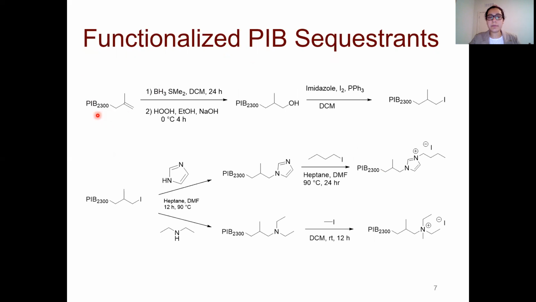So I start off with PIB alkene. I perform a hydroboration reaction to get PIB alcohol, then an Appel reaction to get PIB iodide, and with PIB iodide, I perform SN2 reactions, alkylation reactions, to get the cations that I'm looking for. And these have an iodide counterion.